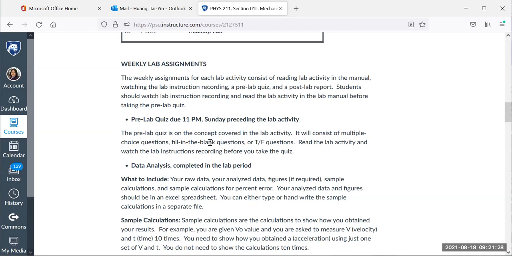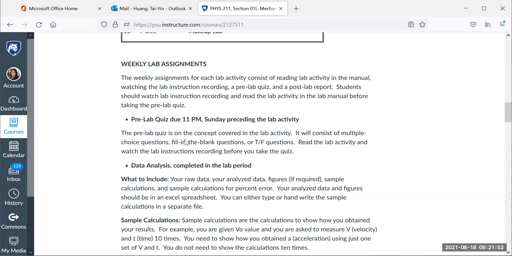And again, there's a 7-day grace period, so if you forgot to take it, you can still complete the assignment before September the 5th. Just make sure that you take the lab quiz before you come to do the lab. That way you're well prepared.